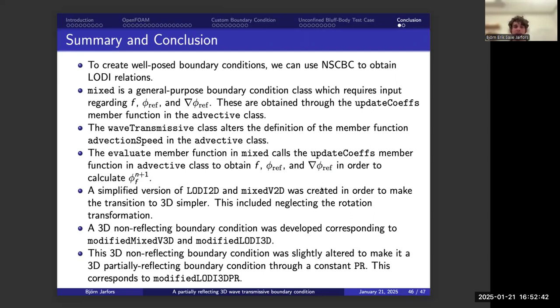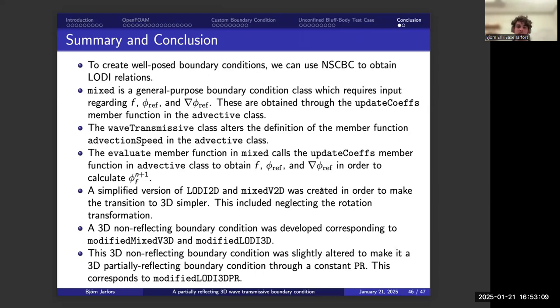The evaluate member function in mixed calls the update coefs member function in the advective class to obtain these coefficients in order to calculate the face value at the current time step. And a simplified version of the Lodi 2D and Mix V2D was created in order to make the transition to 3D simpler.